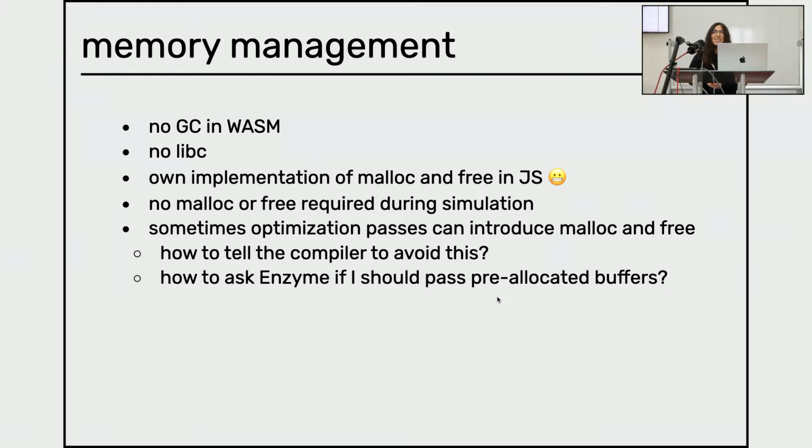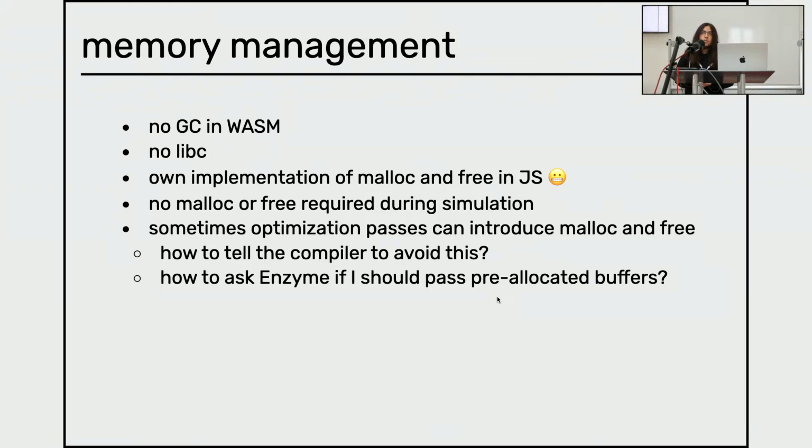That means I don't have malloc or free, but I ended up implementing my own malloc and free in JavaScript. Again, I don't know if I'm going to regret the decision at some point, but it's not a big deal for now because I just do my memory allocations at the beginning of the simulation, and then when I run the simulation, it's just pure computation, so there are no additional allocations necessary.